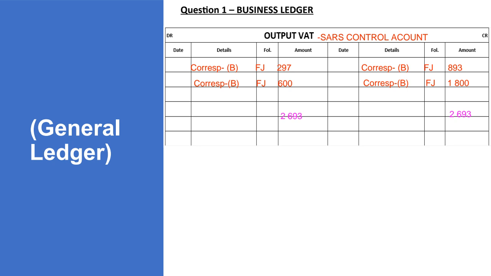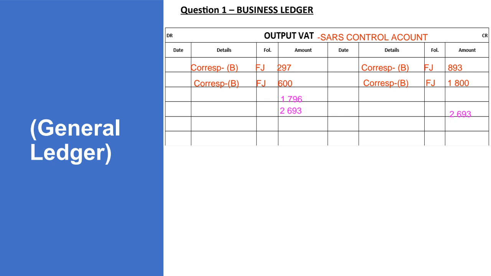I get 1,796. 1,796, and then I'm going to have what we call balance carry down. Balance carry down.